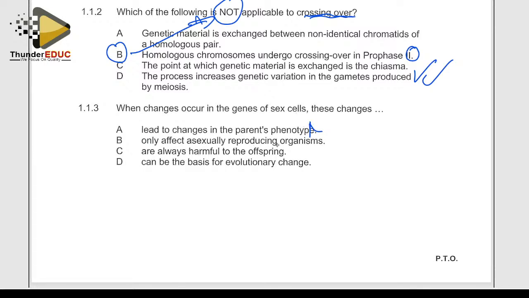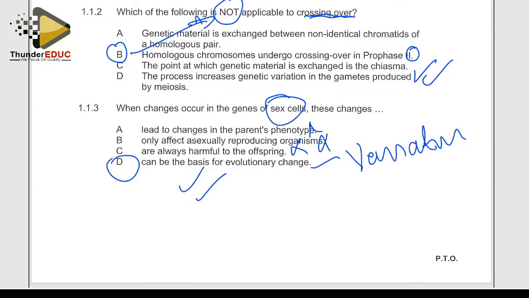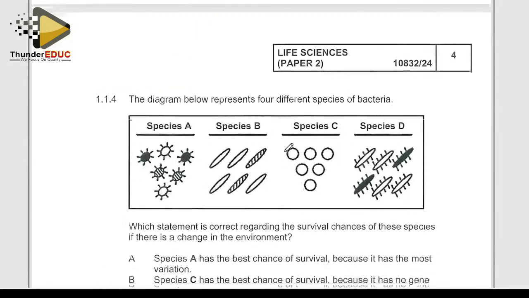Only affect asexually reproducing? No, because they don't even have sex cells. Always harmful? Not really, it can be a basis for evolutionary change, because it will lead to variation. So D becomes the most correct answer.